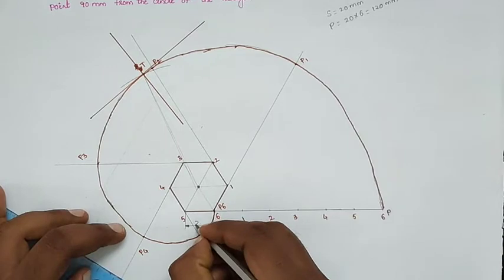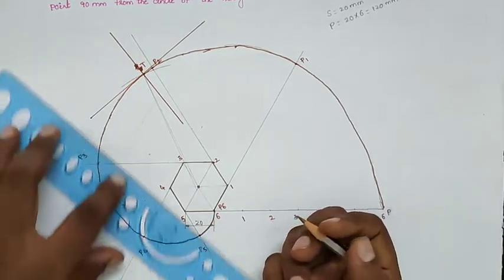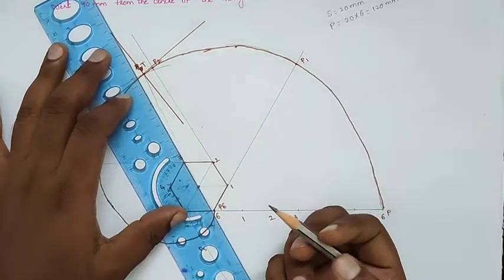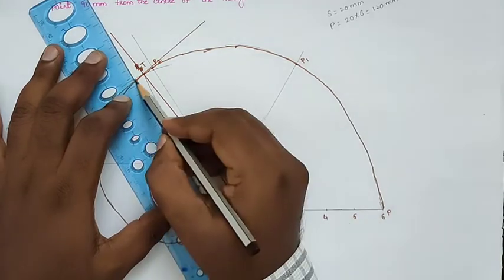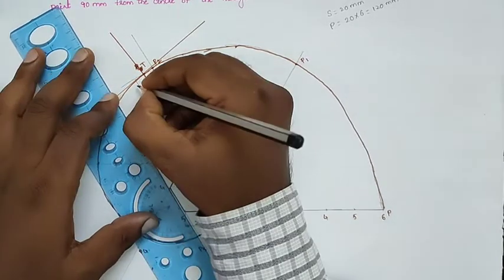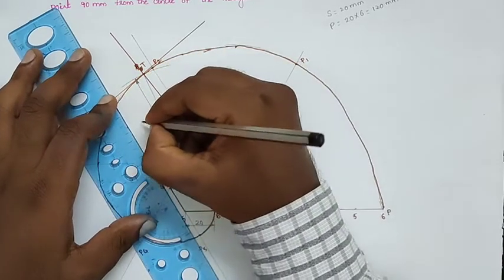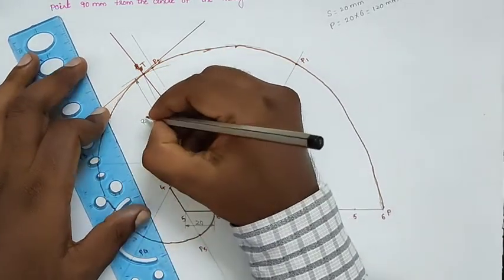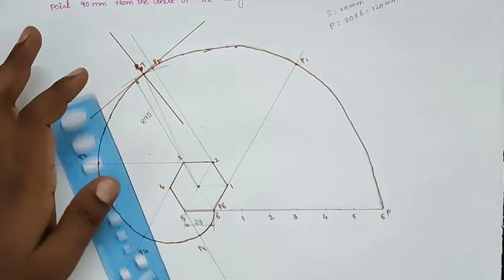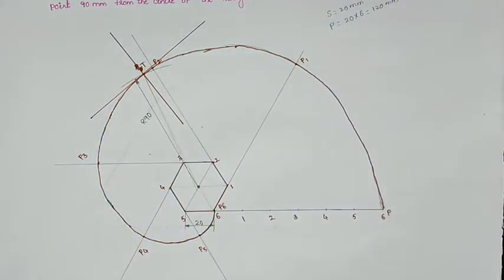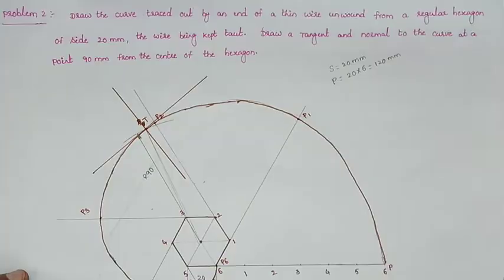They are giving that this side length is 20, and this radius is also given. This is R90. Like that we will draw the curve. So this is our required problem.